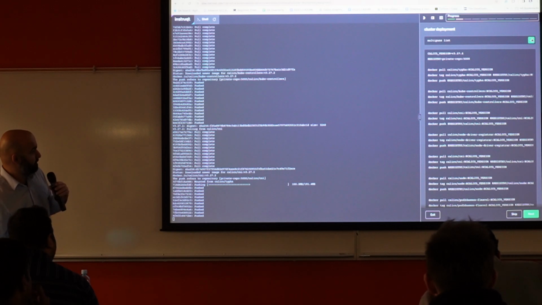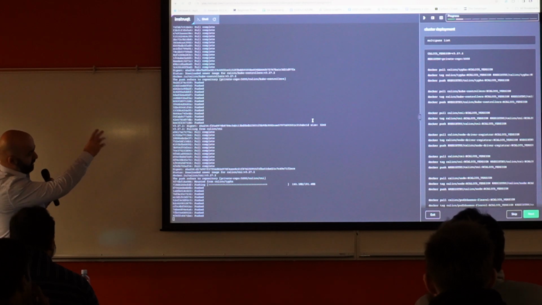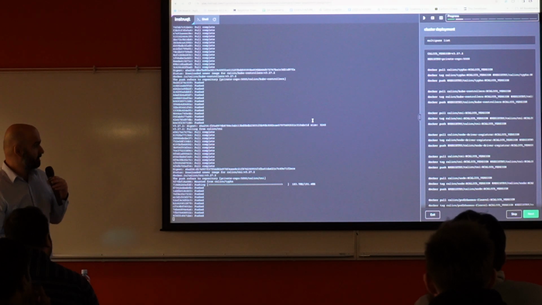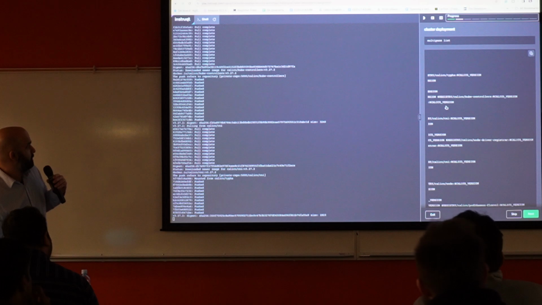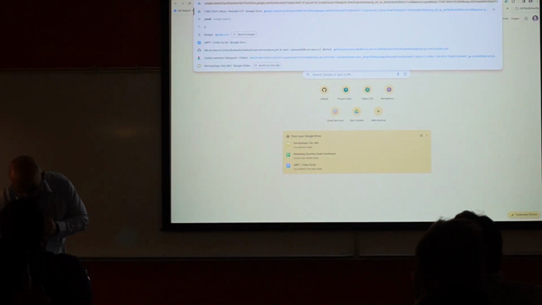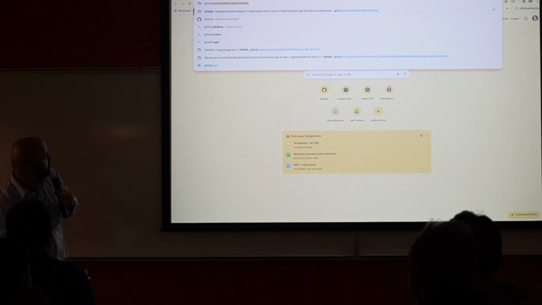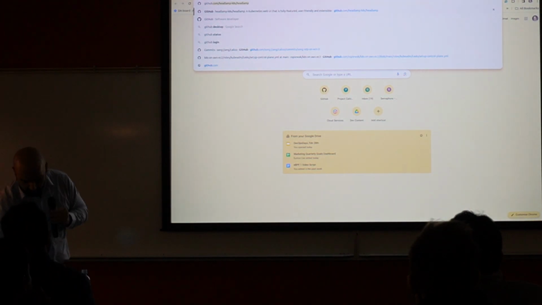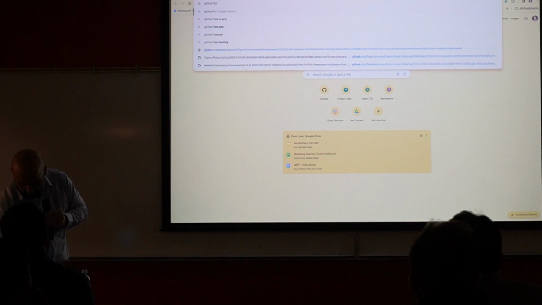By the way, this cluster deployment is all inside Multipass, and there is a GitHub repository.